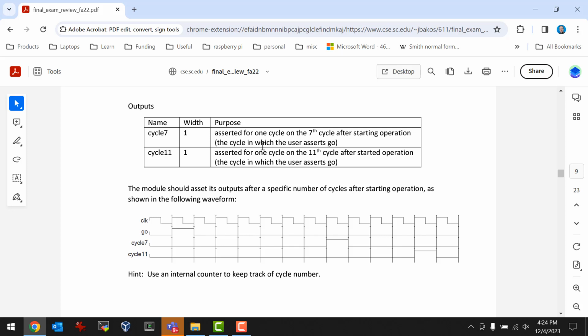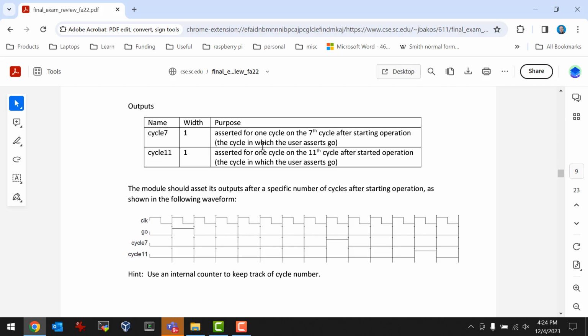And then once you see go, you would turn running on with an always at posedge clock. You guys with me? So if you saw go, then you'd turn running on. And at the same time, you would have a counter that would tick up once per cycle whenever running was on. And then once the cycle counter got to 11, you'd turn running off automatically.